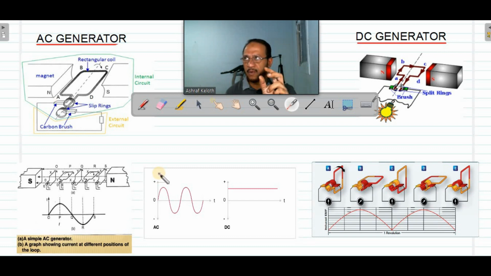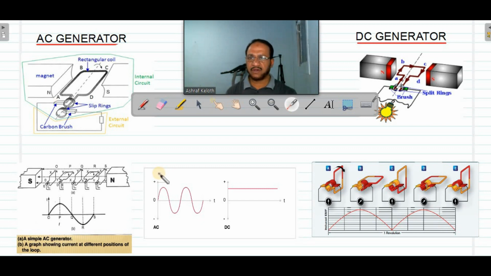If you open an LED bulb, at the back side of the LED bulb, there will be the same circuit like this: a transformer for reducing voltage from high voltage to low voltage, and also a diode circuit for converting AC into DC. That is there at the back side of the LED bulb.